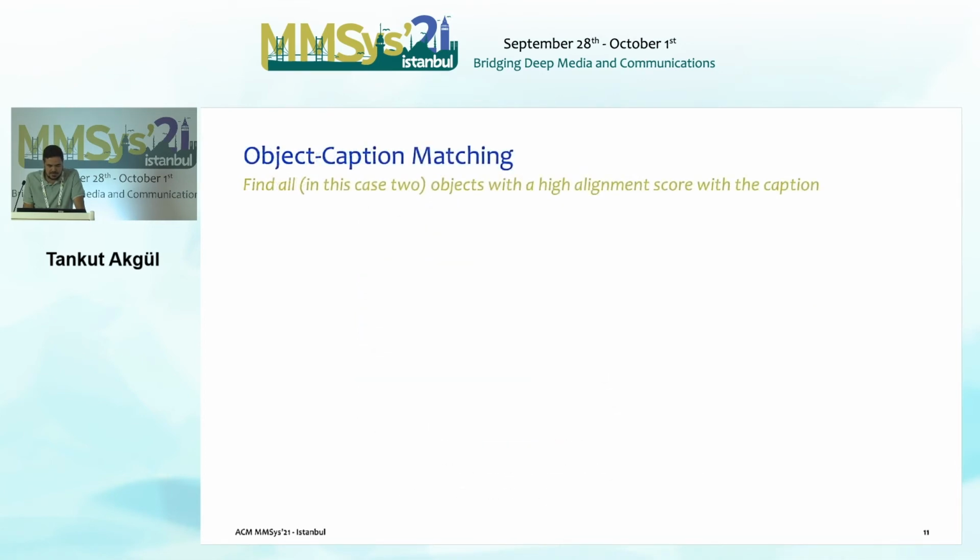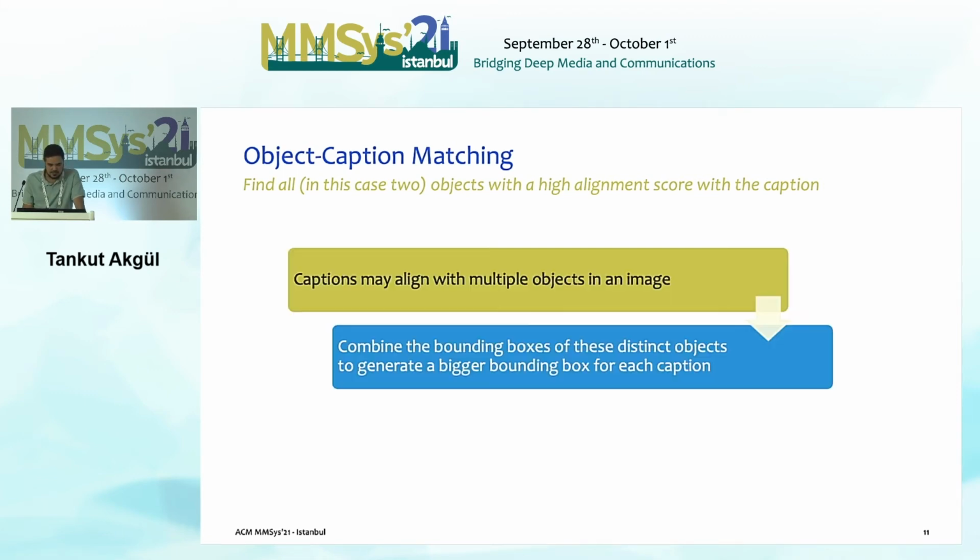And the next method is the Object-Caption Matching method. As I mentioned, the original Cosmos work only aligns the caption with the topmost object, only one object. But what we do is we check the highest n objects. In our work, we use n as 2.